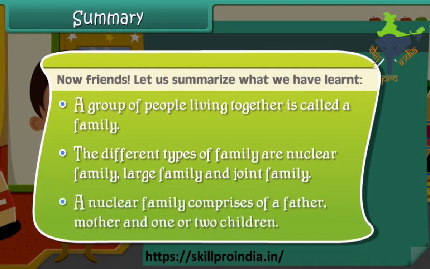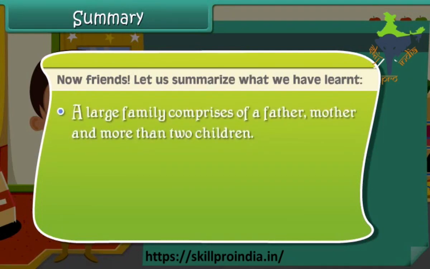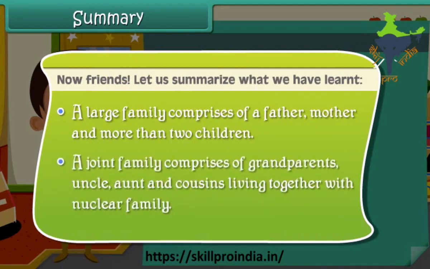A nuclear family comprises a father, mother, and 1 or 2 children. A large family comprises a father, mother, and more than 2 children. A joint family comprises grandparents, uncle, aunt, and cousins living together with the nuclear family.